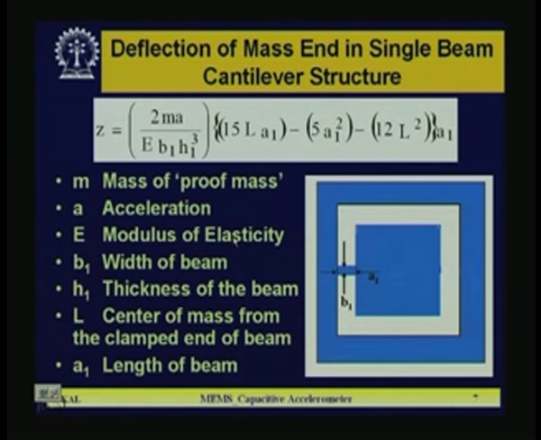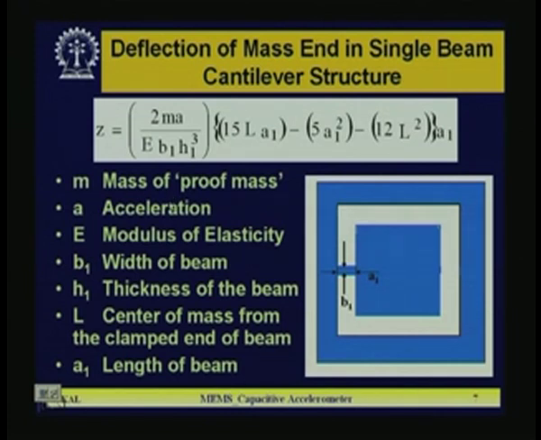And L is the center of mass of the seismic mass structure from the clamped end of the beam. This is the clamped end of the beam. From there, if the center of mass is here, then that is the length L.